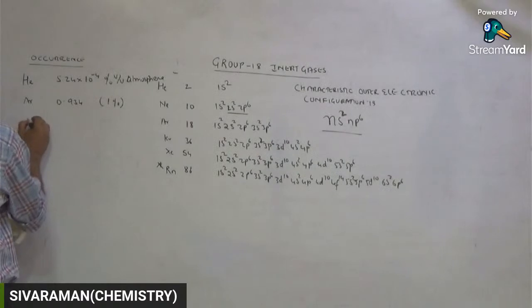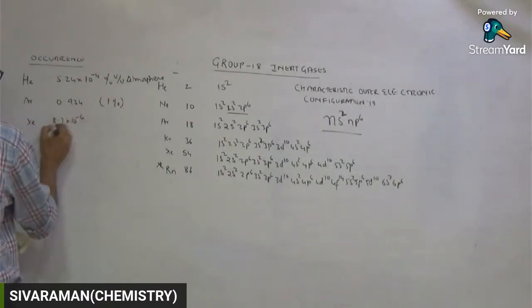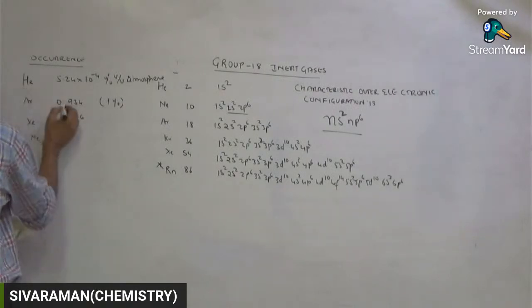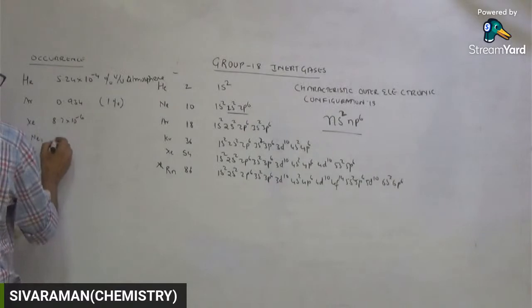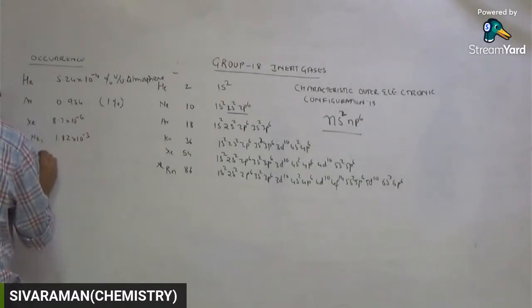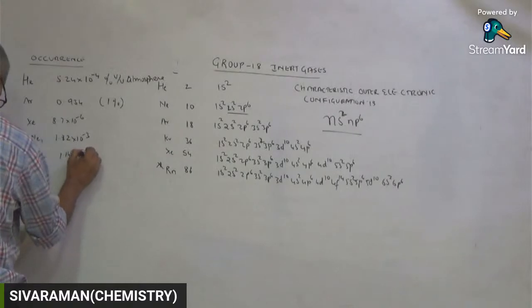Then we have xenon, 8.7 into 10 raised to minus 6. Then neon, 1.82 into 10 raised to minus 3. Then krypton, 1.14 into 10 raised to minus 3.